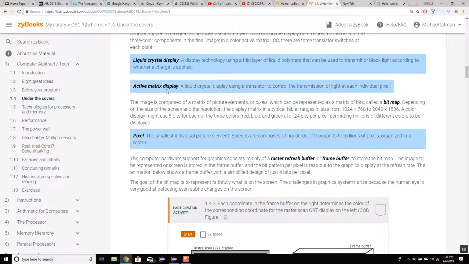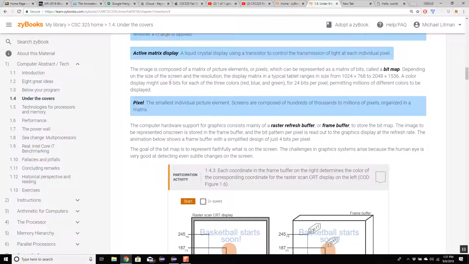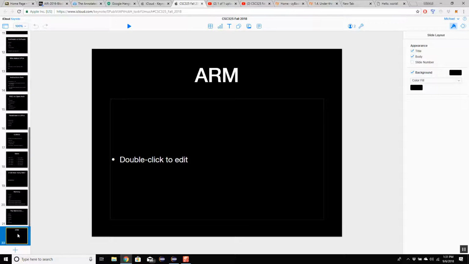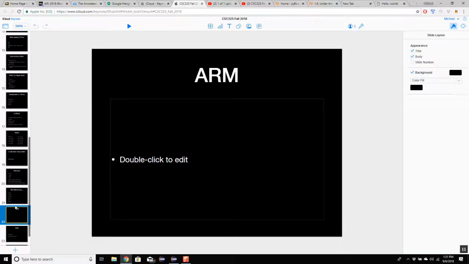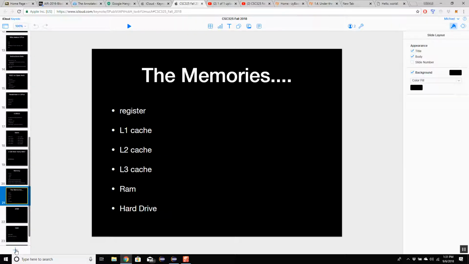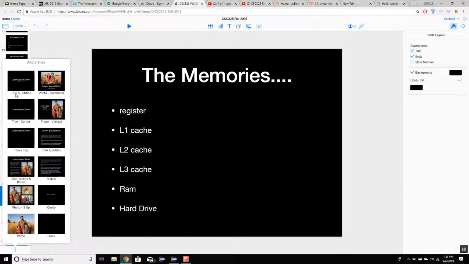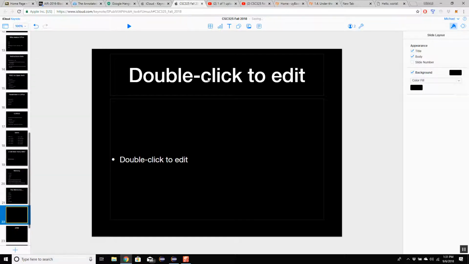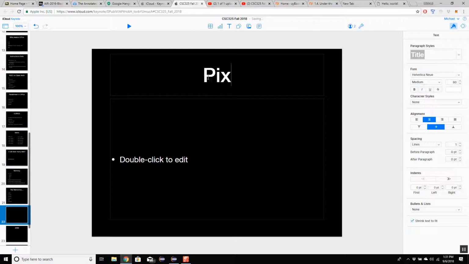This gets into old display stuff. I'm not going to talk about too much of that. Pixels, though, are interesting for us to discuss. I'm going to go back over here to the slides, because this goes back to our discussion last time about memory. So what is a pixel? 24 bits represent red, green, and blue.